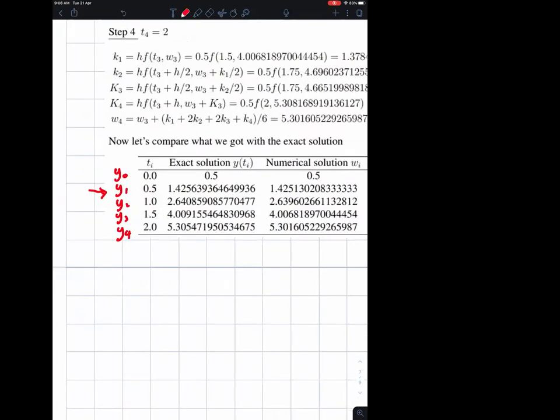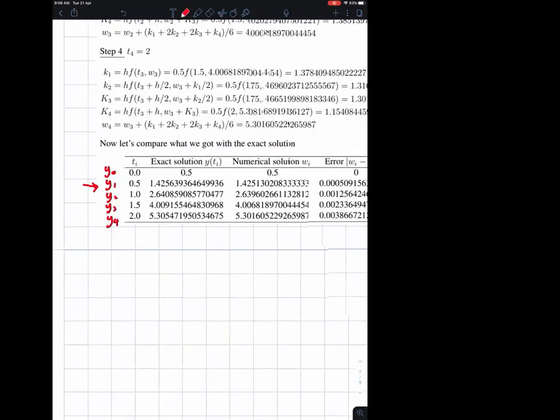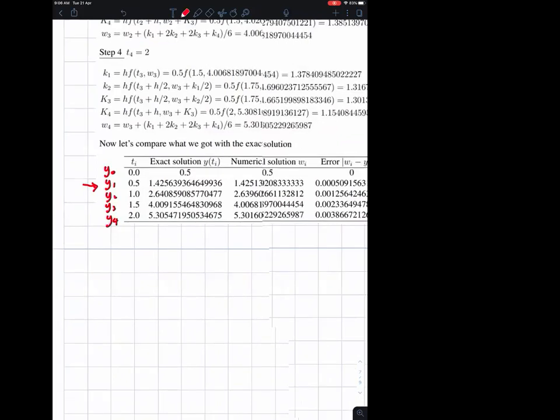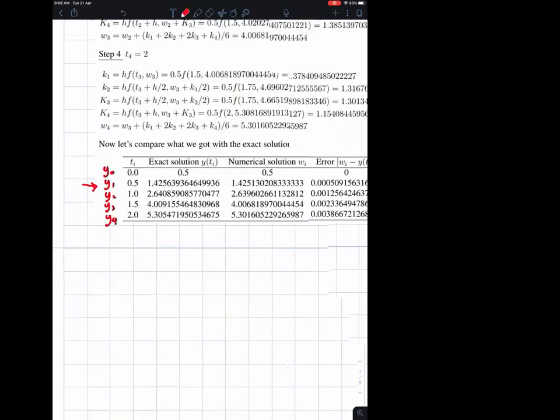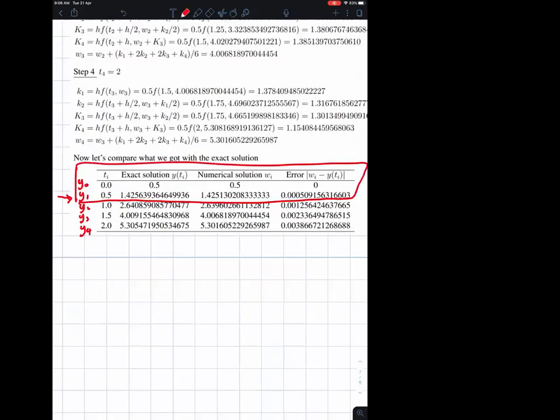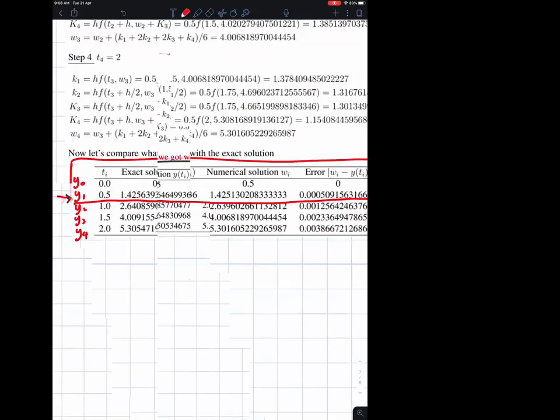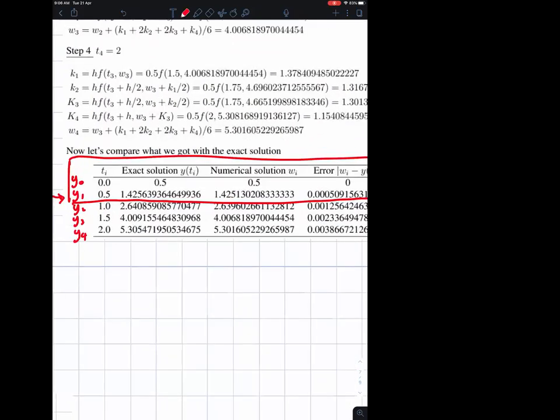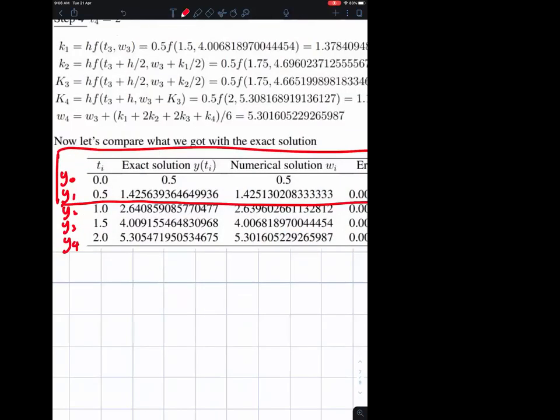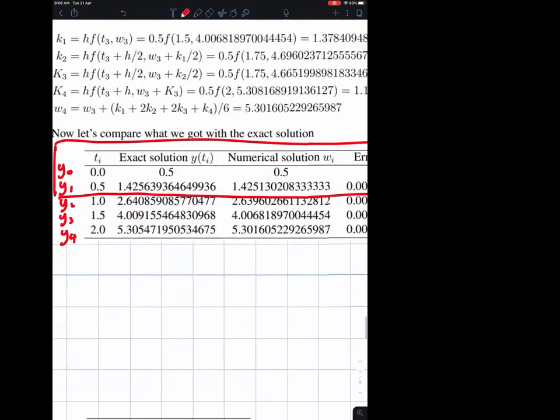You should have just these two only: the comparison of the exact solution with the numerical solution, with the initial condition when x naught is plugged in, and then next the y1, the numerical solution and exact solution. Just compare them, calculate the error, and put this in the table.